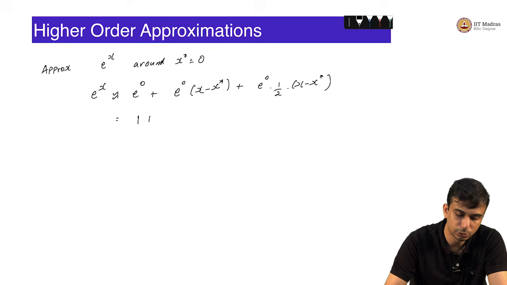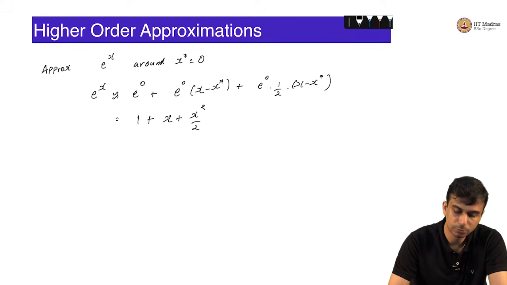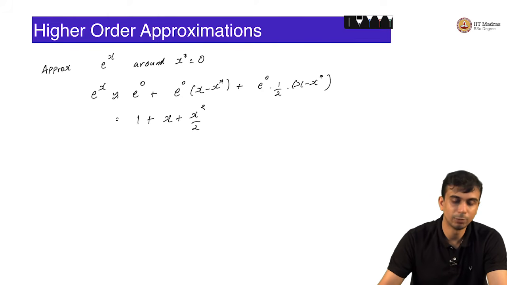So x star is 0, which gives 1 plus x plus x squared by 2. If you are all familiar with the Taylor series, this is exactly what it is.